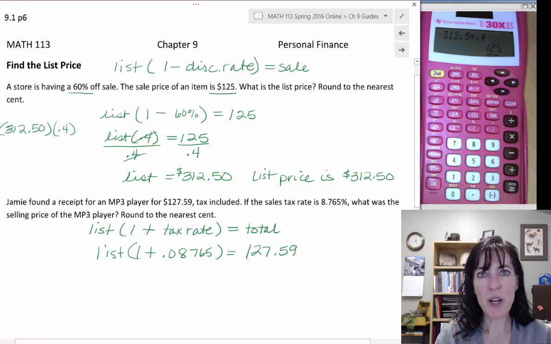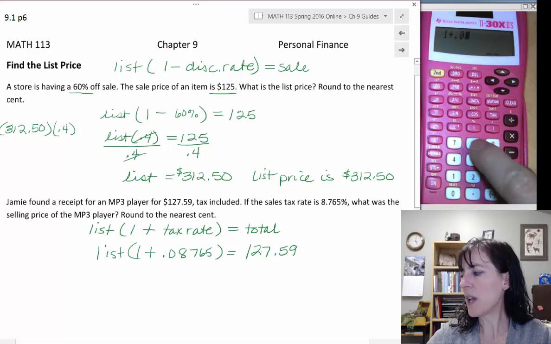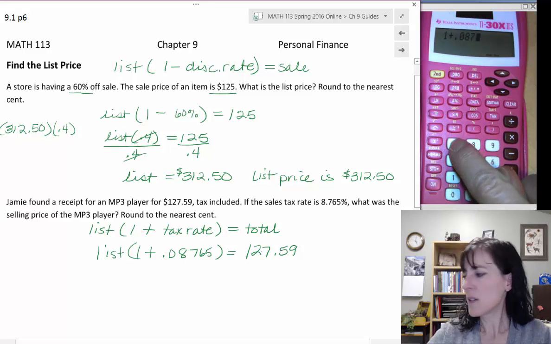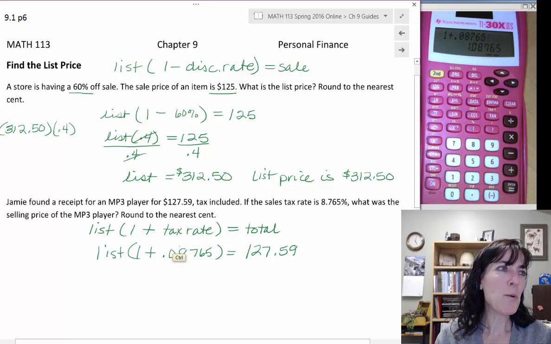So then that's a list price times that amount, and inside the parentheses I have 1 plus 0.08765, which I could do in my head.